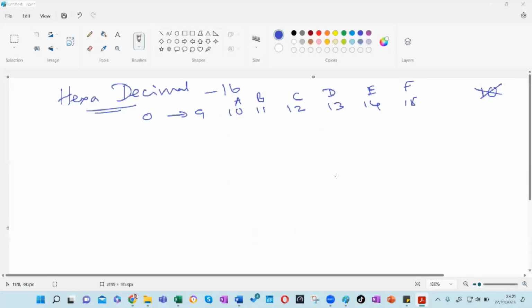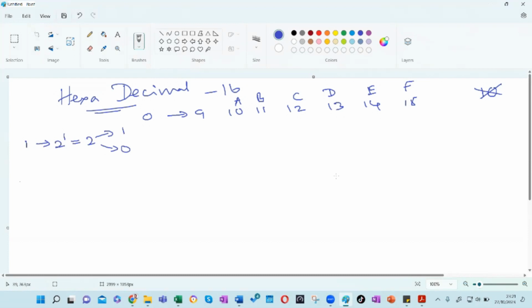Now before doing that, we need to know how many binary digits or bits are required to represent a hexadecimal number. You know that when you have one bit, you can represent 2 to the power 1 numbers, which is 2, which can be either 1 or 0.